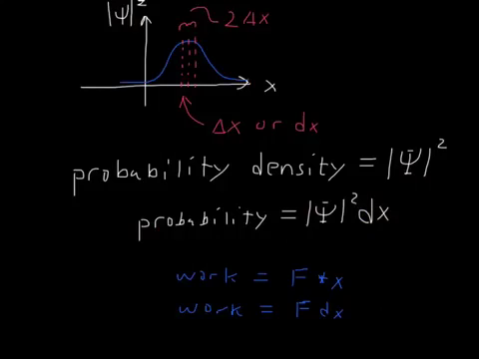Ultimately, we'll have an equation for probability that involves an integral, and we can write that as capital P for probability equals the integral of the wave function squared times dx. And we'll have certain limits on this integral from some number a to some number b, depending on what big finite region of space we're actually concerned about.